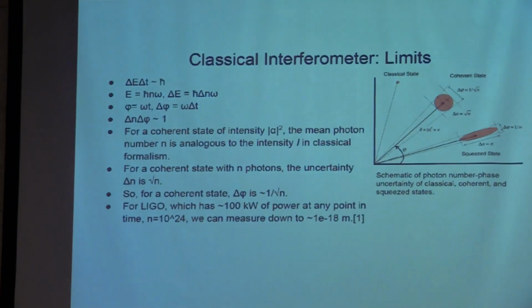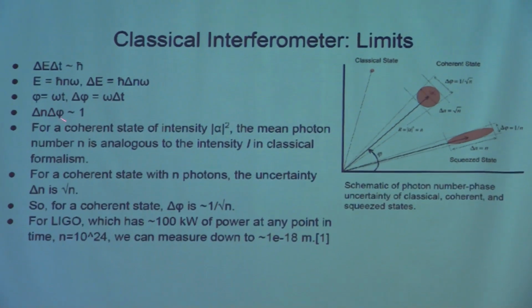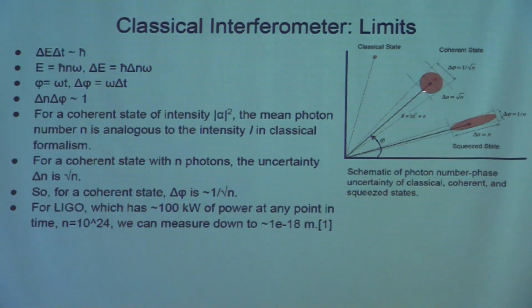So then delta phi is 1 divided by delta n, right? That's what it is. So what is delta n? Delta n is, well, the best classical state you can have. It's called the coherent state. In the coherent state, delta n equals square root of n. That's the property of the coherent state.